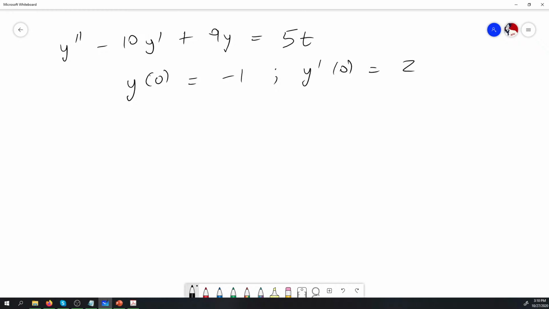We need to solve this accordingly. So in solving for this, let's say we want to be using the Laplace transform.